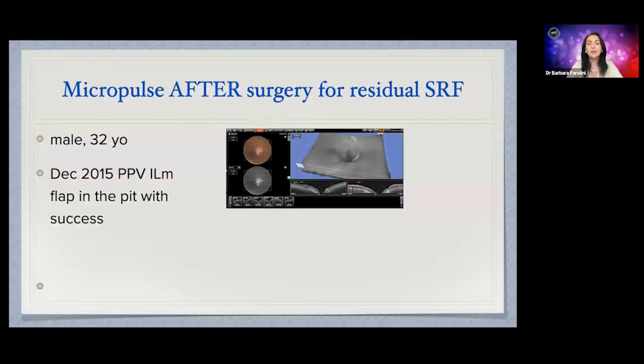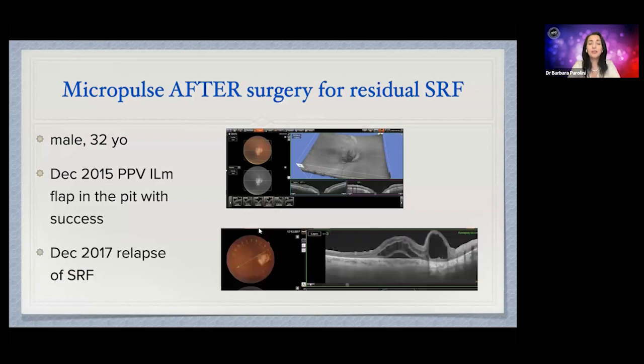But even after surgery, in these cases, the subretinal fluid can relapse in time. So this is a male, 32 years of age, that I have treated with the very same surgery in December 2015, initially with good success, but 2 years later, he has a relapse in subretinal fluid. So I had already treated him with surgery.